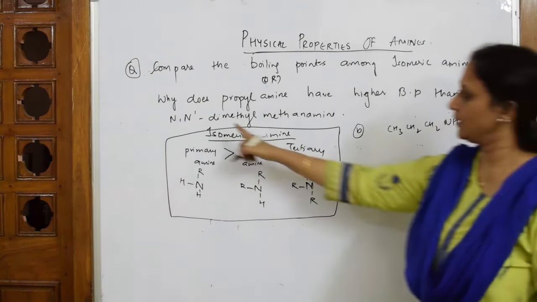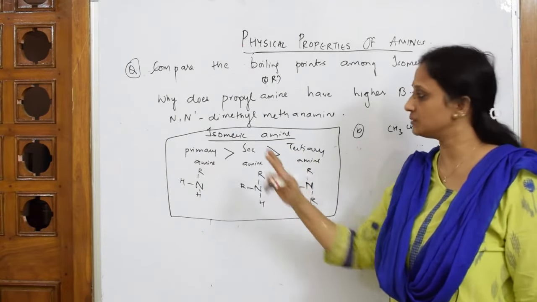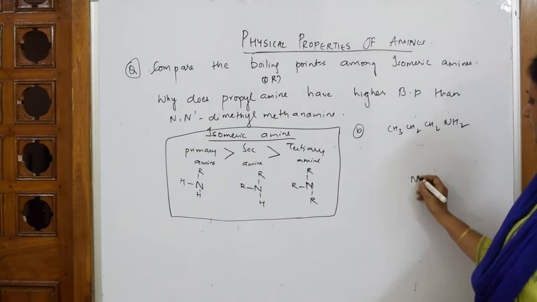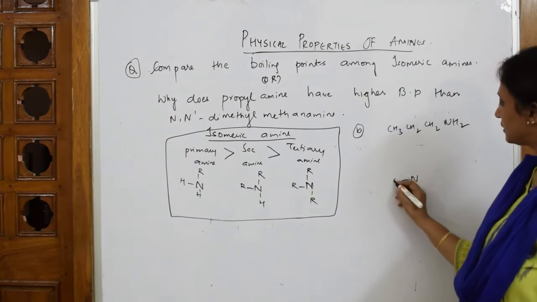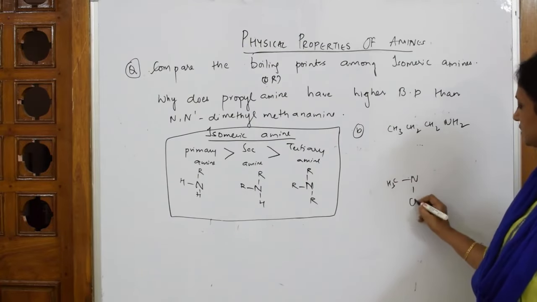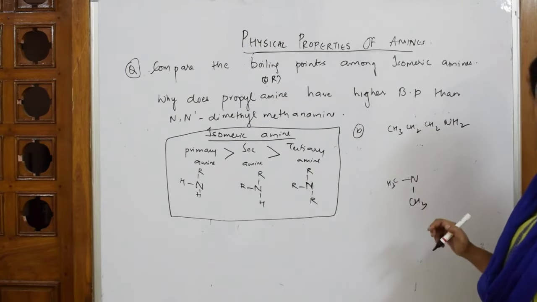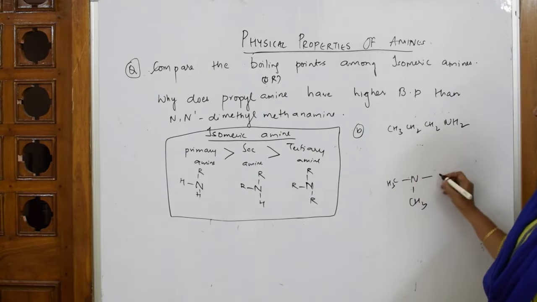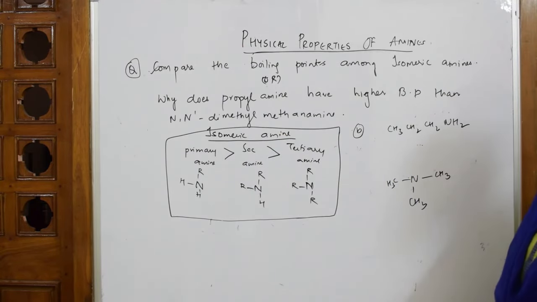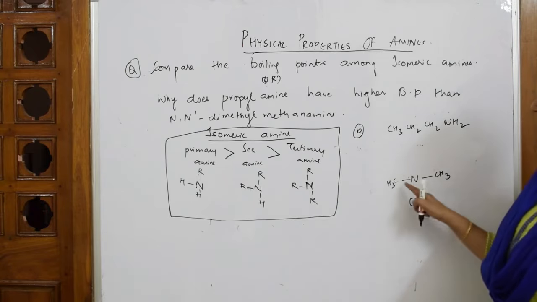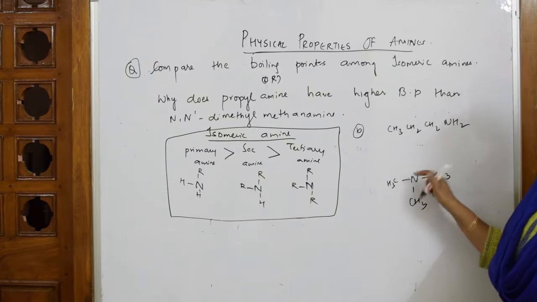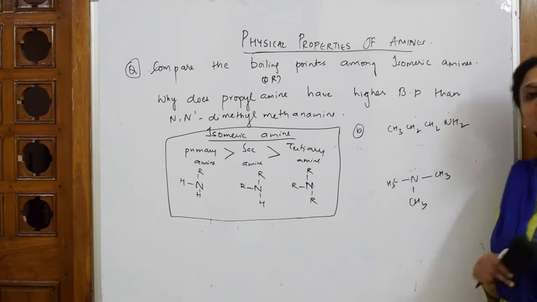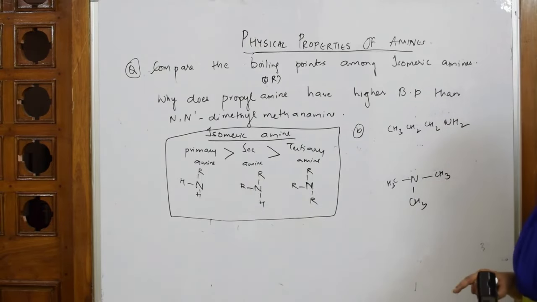They said N and N, both have dimethyl. They said amine, so write nitrogen with methyl, CH3, dimethyl, N, methanamine. Again, a methyl group. Let's see, 1, 2, 3, 4, 5, 6, 7 and 8. And this is your N,N-dimethylmethanamine.